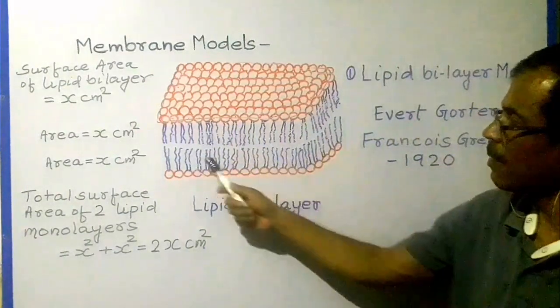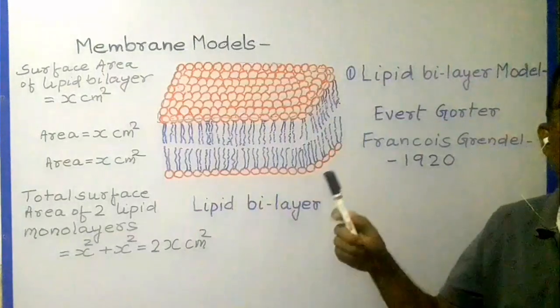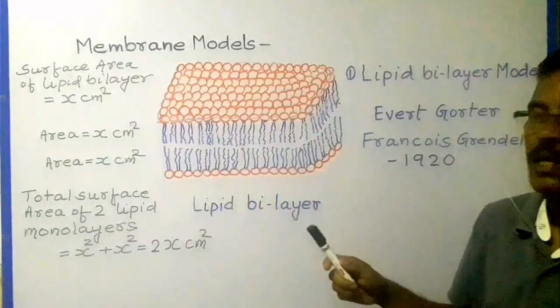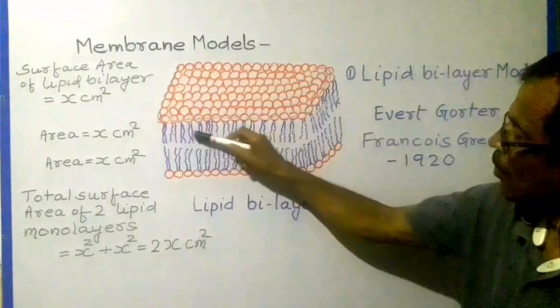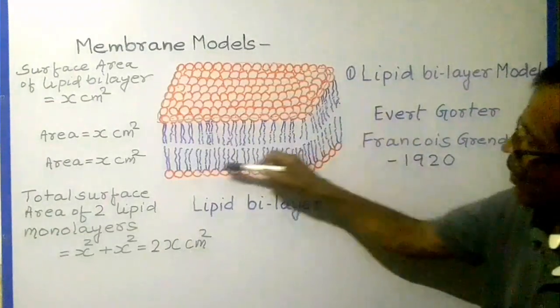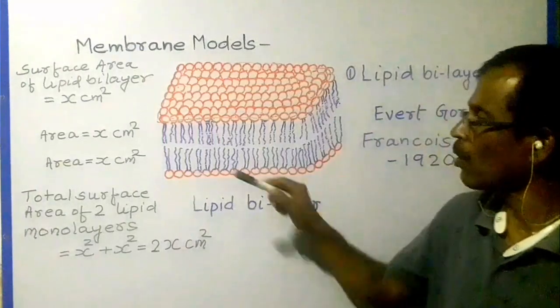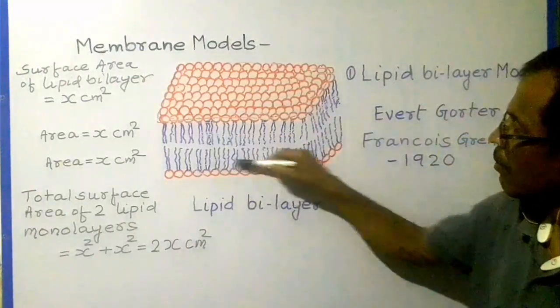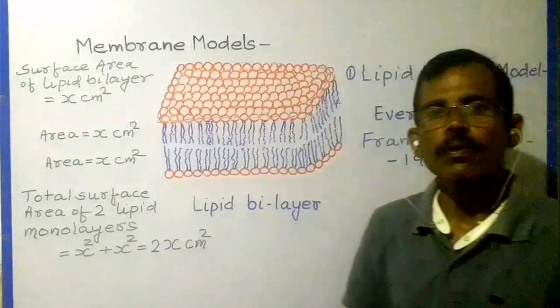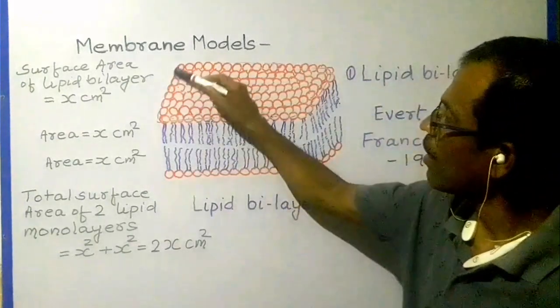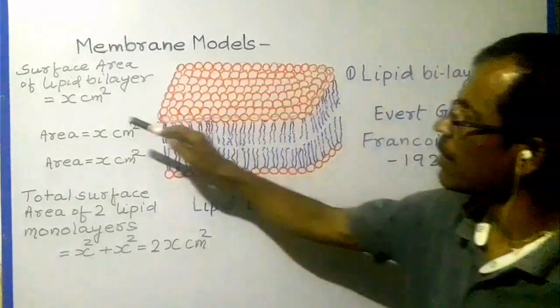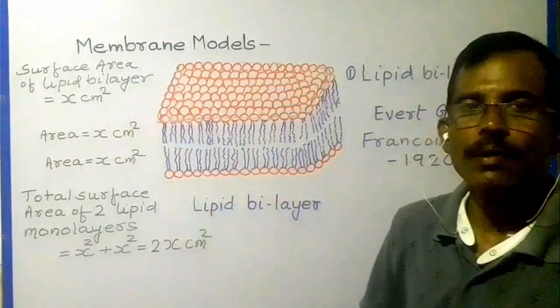This is a lipid bilayer which consists of two lipid monolayers. This is a lipid monolayer and this is another lipid monolayer. For example, the surface area of the lipid bilayer is x centimeter square.